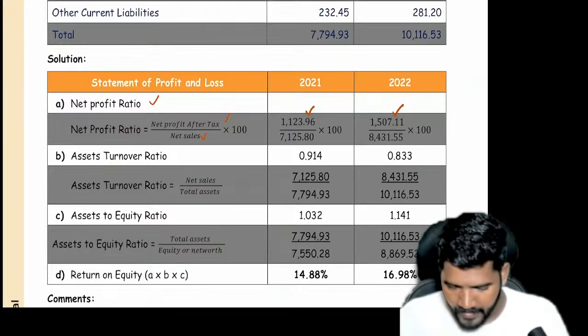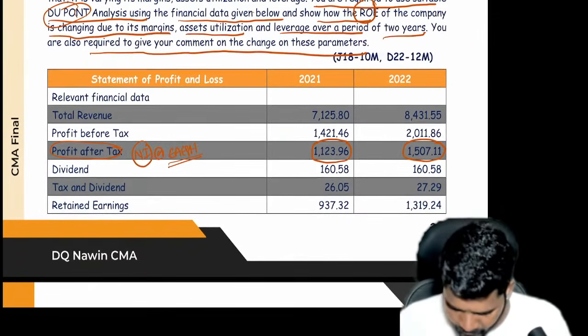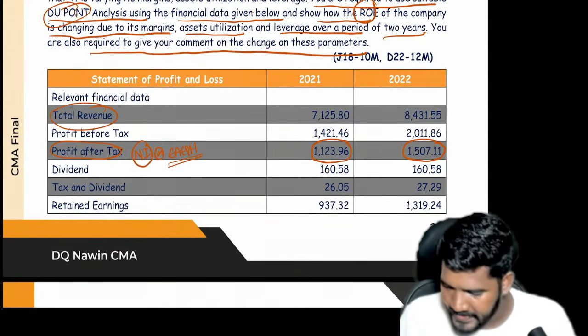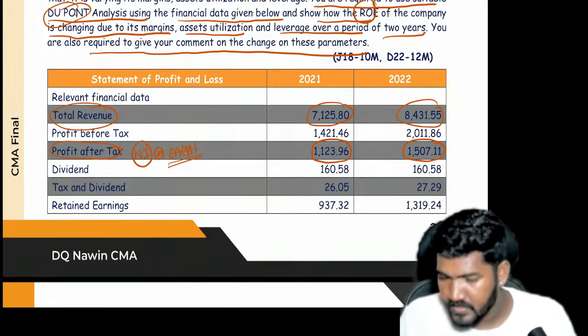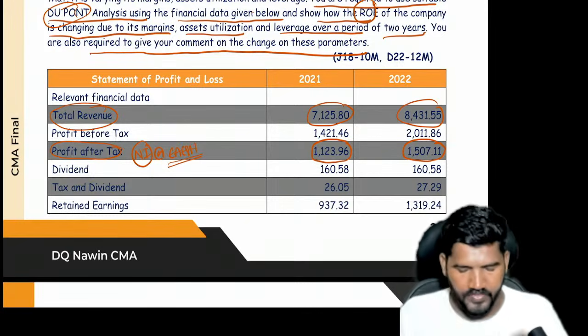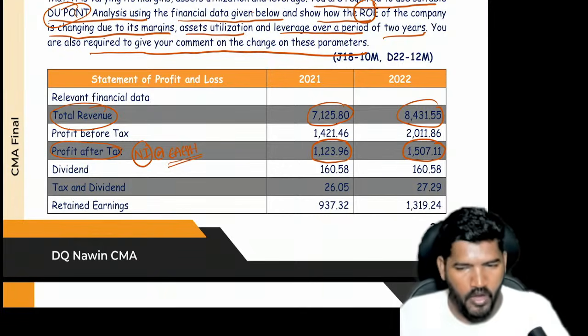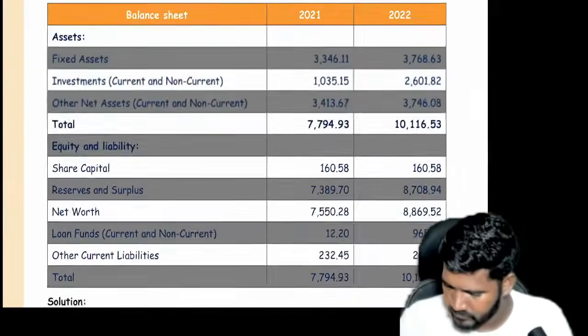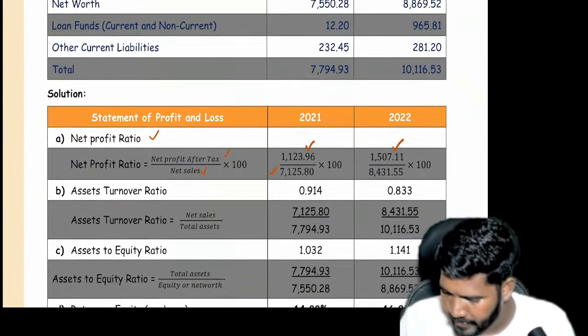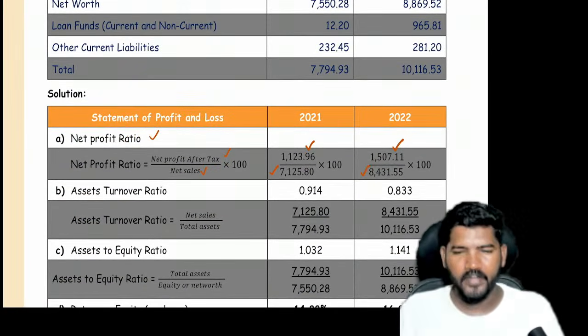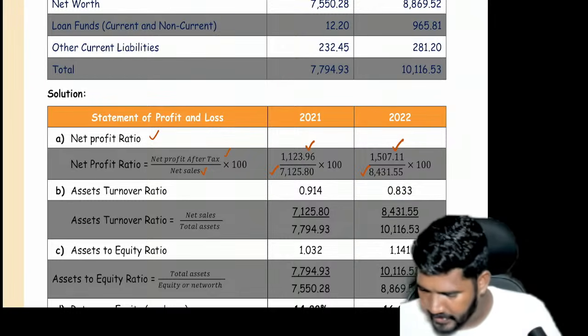Next, divided by sales. Total revenue is nothing but sales, guys. Sometimes they will give us sales returns. If they give sales returns, you have to reduce sales returns from sales. Net sales you have to consider. 7125.8 and 8431.55. If you calculate, you will get an answer.